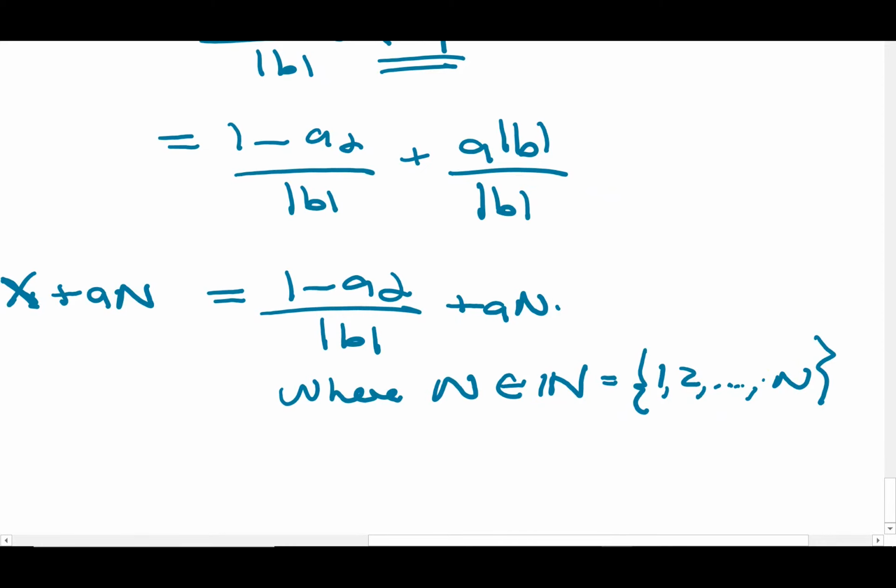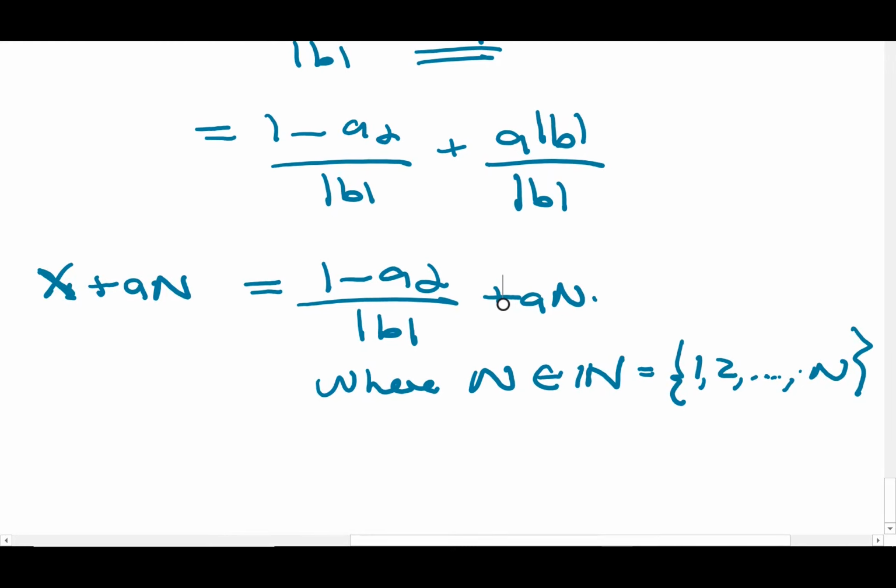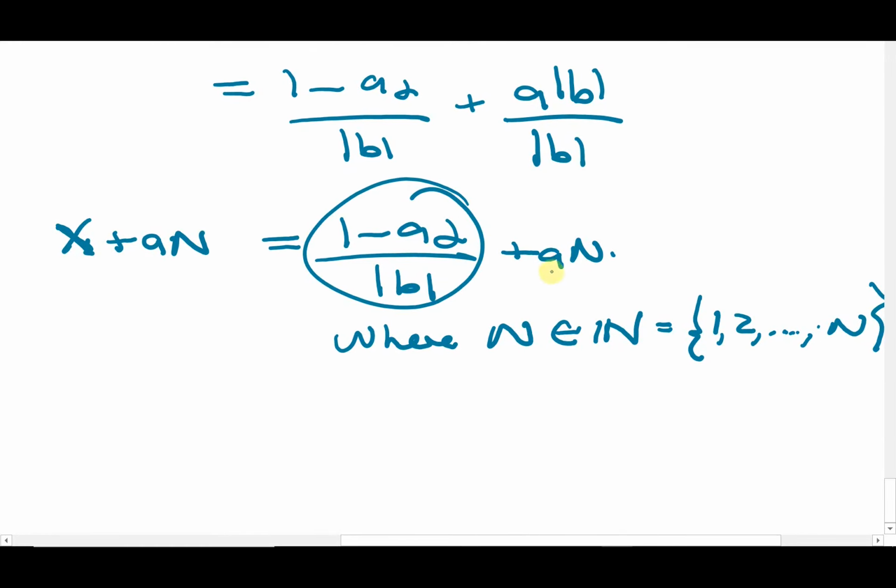So the key here is once we find the initial value x, we just continue adding multiples of a, and that gives us the remaining infinite set.